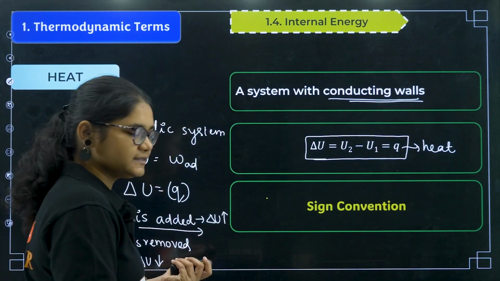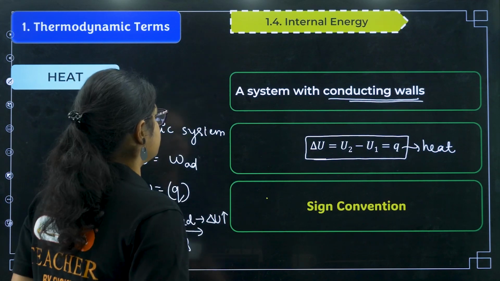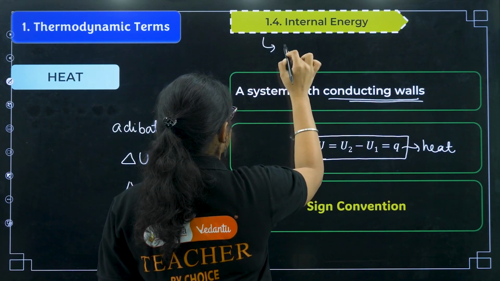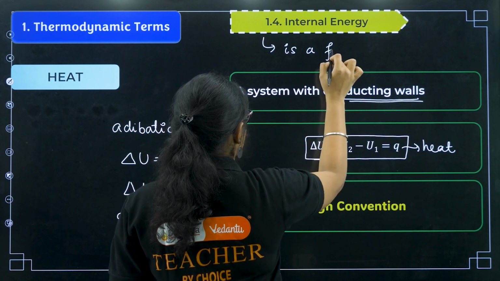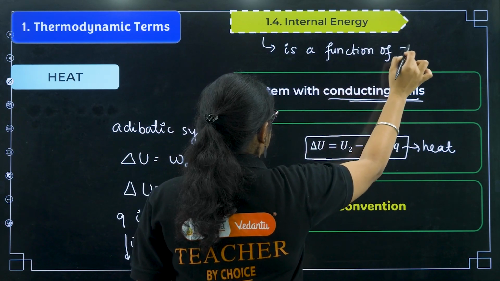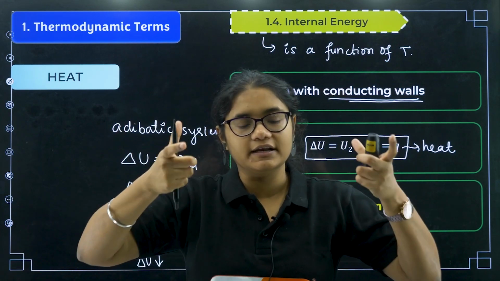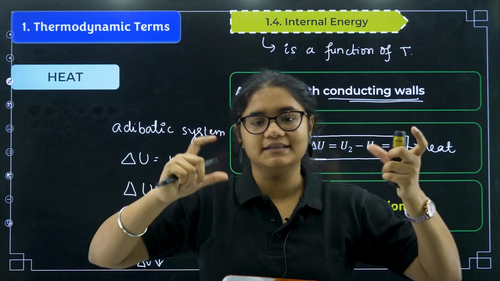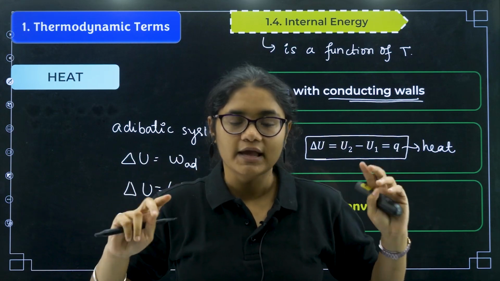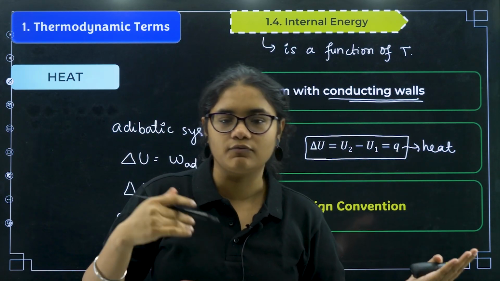Clear? Now one more thing that you need to know about internal energy is, internal energy is a function of temperature. That means when temperature increases, internal energy will increase; temperature decreases, internal energy will decrease. To change the temperature, you can use either work or heat.